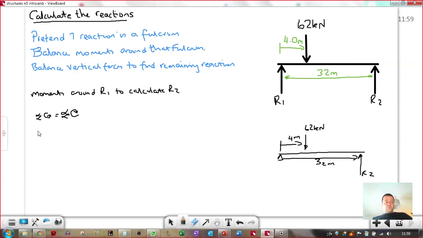The anti-clockwise moment, there only is one, R2 multiplied by 32, and that must equal the sum of the clockwise moments, which is 62,000 newtons there, multiplied by 4. R2 equals 62,000 multiplied by 4 divided by 32.